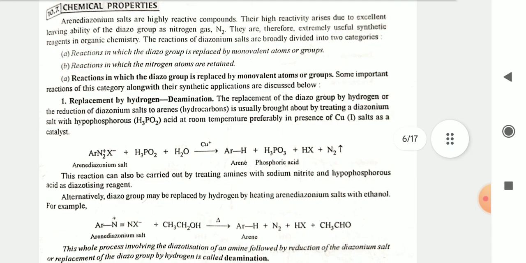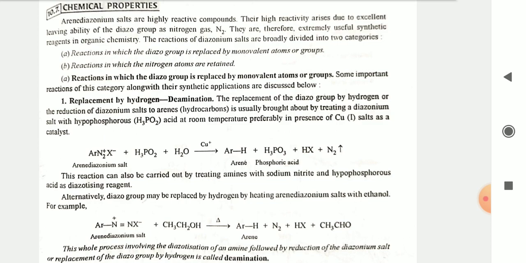The replacement of a diazo group by hydrogen, or the reduction of diazonium salt to arene, is usually brought about by treatment of diazonium salt with hypophosphorous acid at room temperature, probably in the presence of copper salt as a catalyst. Arene diazonium salt plus H3PO2 plus H2O in the presence of Cu+ will give arene plus phosphoric acid plus HX plus N2 gas evolved.